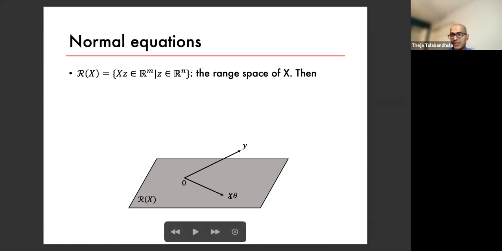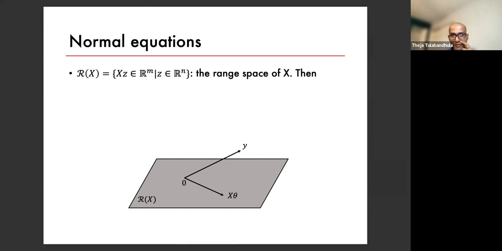So as I multiply X with theta, I get a vector like this, which lies in the range space. Remember, this range space is vectors of dimension m. In our running example, m is 5, which means this is a 5-dimensional vector space. So X theta is a 5-dimensional vector. Similarly, Y is a 5-dimensional vector, but Y need not belong to the range space of X.